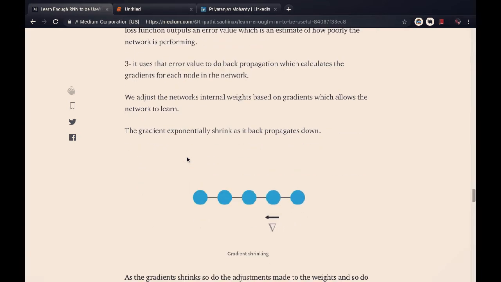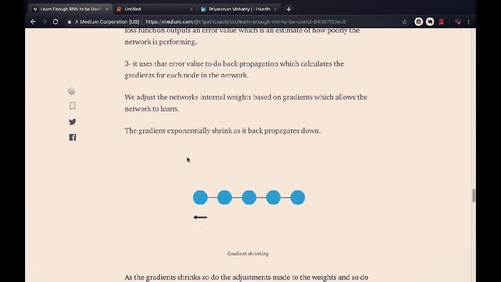So this is how the gradient will flow to the previous layers. As I've already told you, we adjust the network's internal weights based on the gradient, right? The gradient, as you can see, keeps on shrinking as it moves towards the earlier layers.